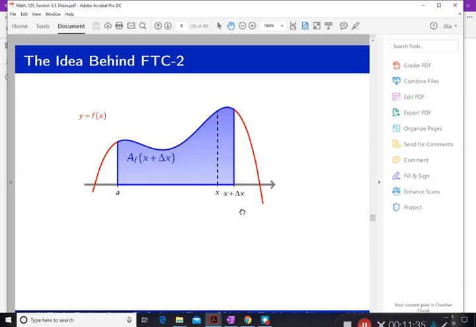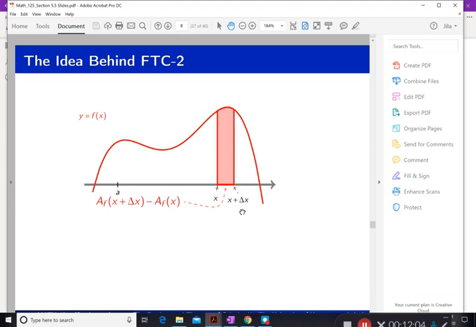Now, you see there is x plus delta x marked on the x-axis, and the total area in blue is A sub f of x plus delta x. A sub f of x is cut off with that dashed line. If I take the difference of the two, I end up with the area between x and x plus delta x.